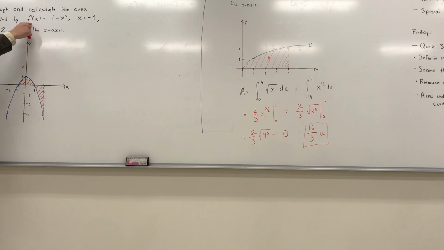So if it says bounded by the parabola, x equals -1, x equals 2, and the x-axis, it has to be the area between those lines. Why not this part? Because this part is all the way below the x-axis, not between the parabola. Do you see what I mean?